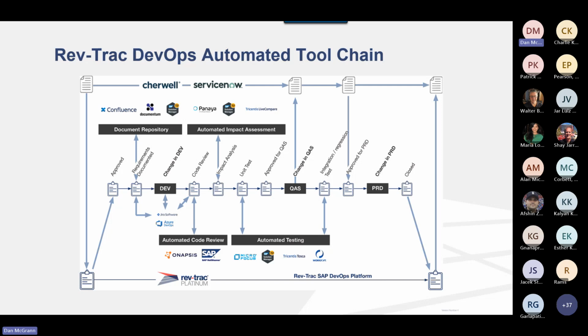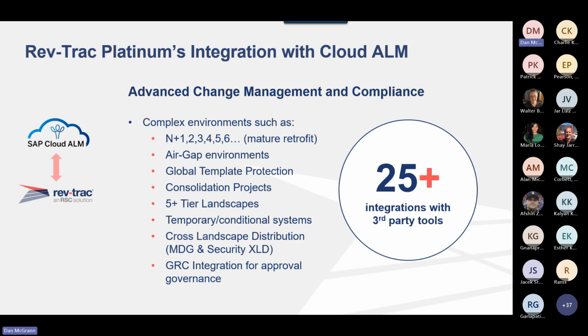We're not dictating that you have to use a single way of managing your change management. We let you easily configure Rev-Trac with different steps or statuses that examples are depicted here with these little clipboards, and in a very easy and flexible way to achieve that. So you can get exactly what you need to manage your different types of SAP changes.